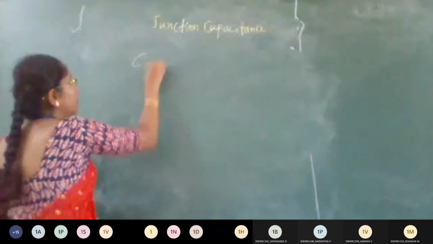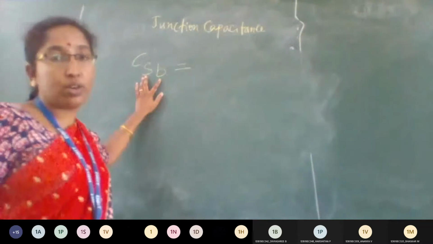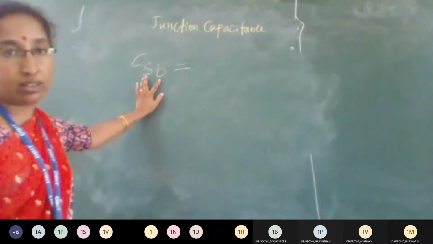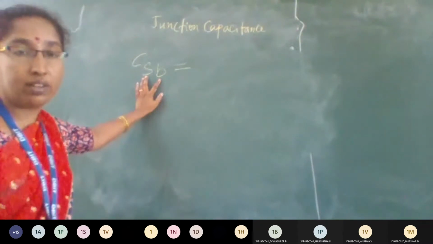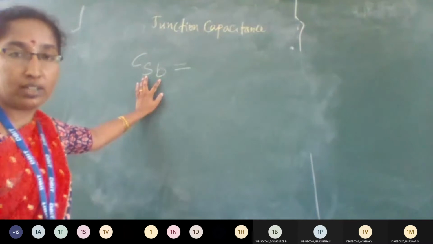CSB, source body capacitance, is obtained only when you have a depletion layer formed between the source and the body.